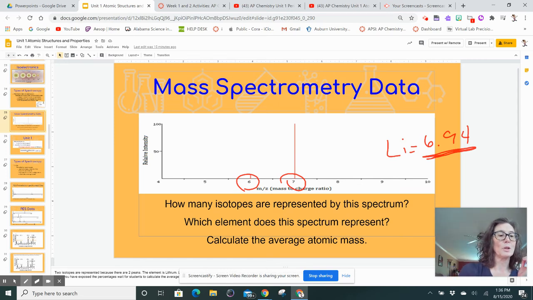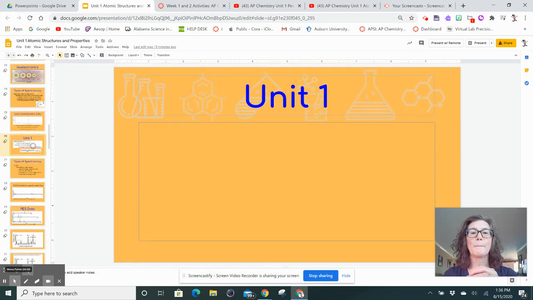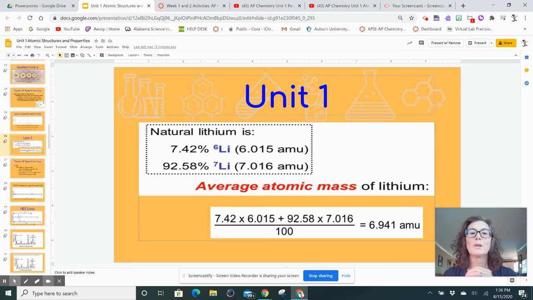All right, let's look at another example. So in natural lithium, 7% of the lithium has an atomic mass of 6, and almost 93% has an atomic mass of 7. So when we average those two together, we get the atomic mass of lithium. It's a weighted average.